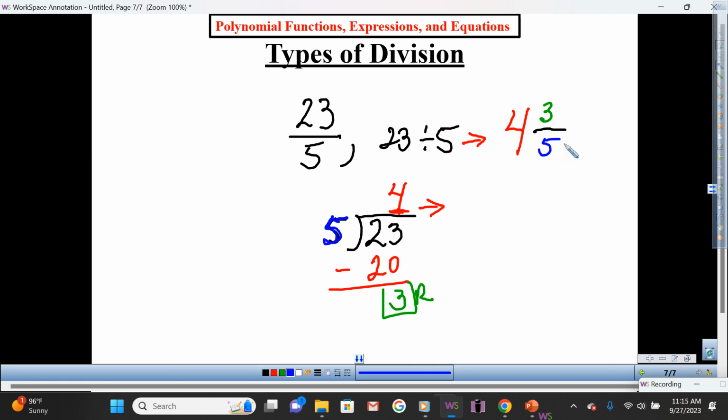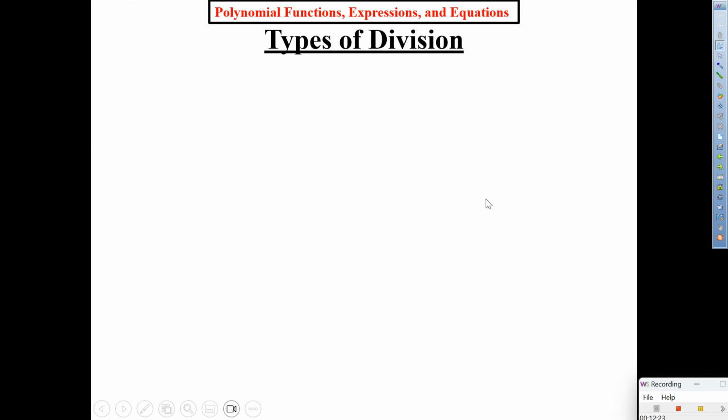Well, guess what? That's what I left out yesterday from the home play, purposefully. Why? Because I just wanted to make sure that you actually did the process and you left the remainder down there. Today, we're going to be writing our answer like this. Okay? So, does that make sense? Yeah? You're like, oh yeah, I love these, Mr. Q.